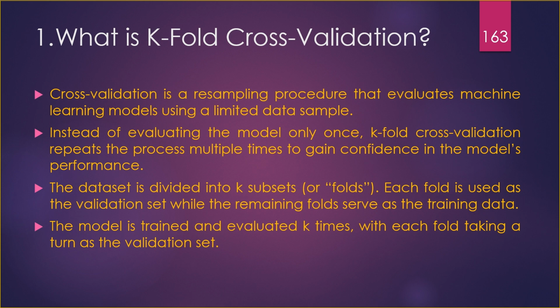So each and every set will have a chance to be part of the validation set once, and also part of the training data 4 other times, which in turn definitely creates a gain in confidence in the model's performance.